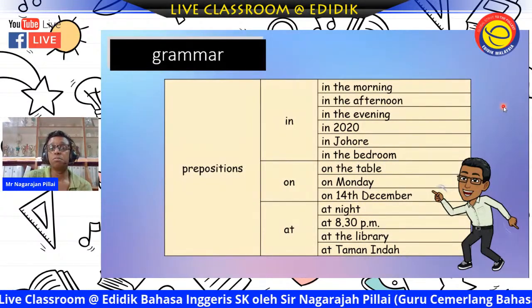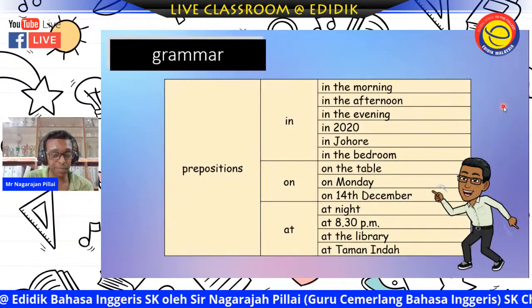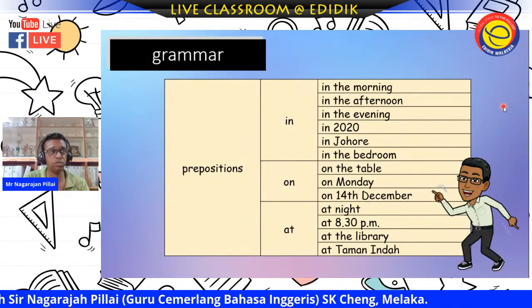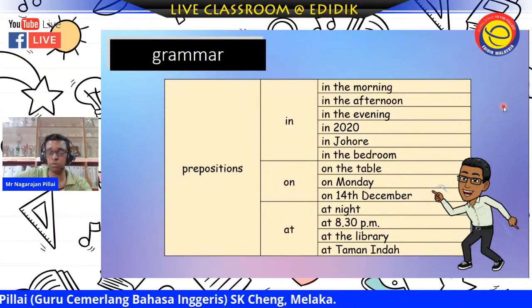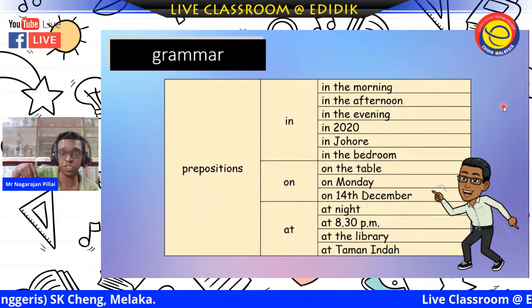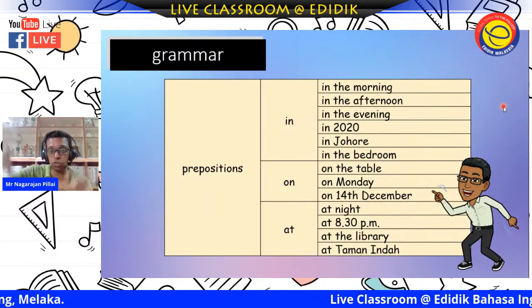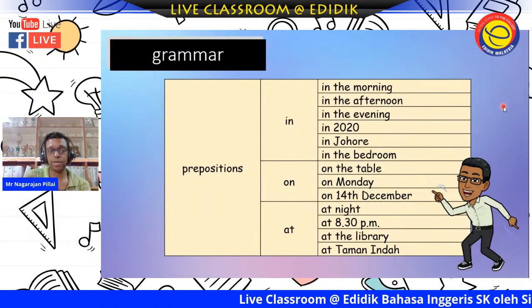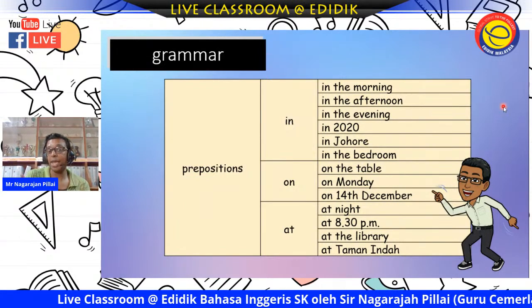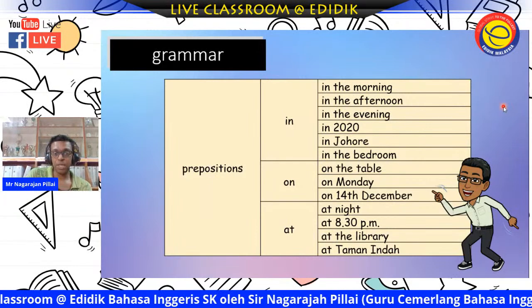In Johor, not specific when talking about a place, because Johor is a big place, it's huge. We don't know which area we are focusing on in Johor, so you just say in Johor. For example, now I am in Melaka.